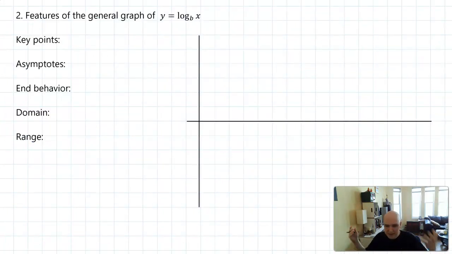So the base, of course, won't always be 2. So let's look at the general features of the parent graph for just log base b of x, whatever that base might be, because they have a lot of the same similarities. So the key points on log base b are (1, 0), because log base b of 1 is always equal to 0 no matter what b is, and (b, 1), because log base b of b equals 1.